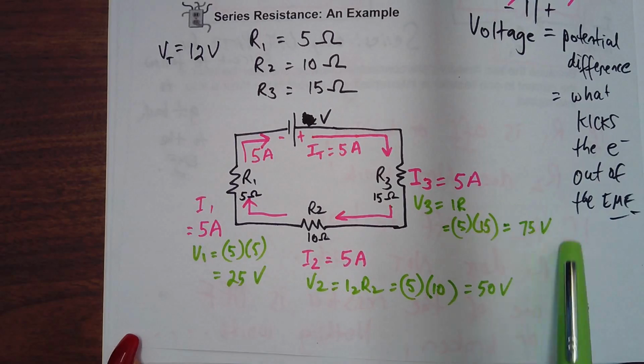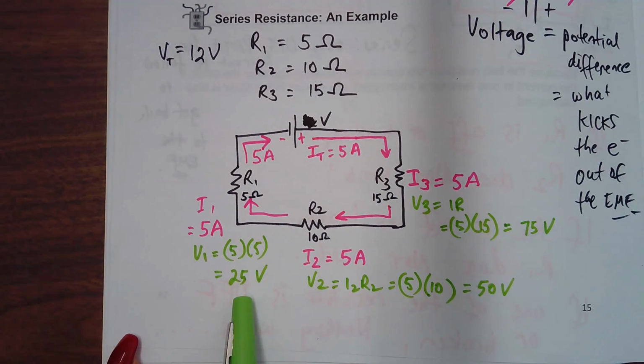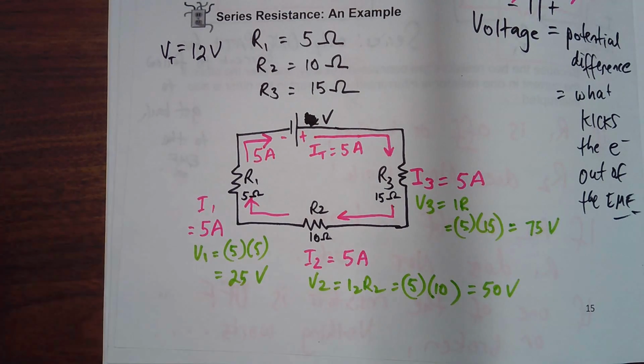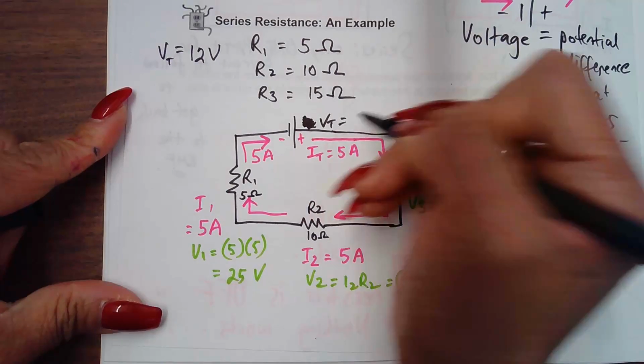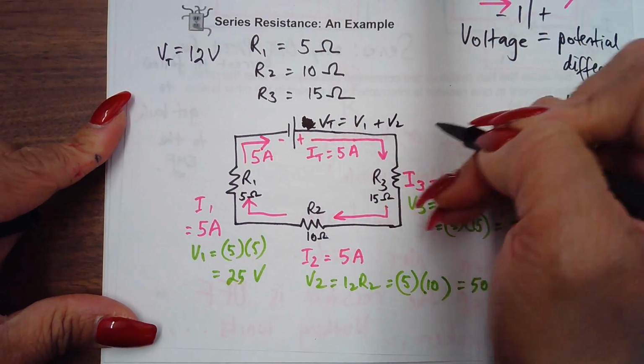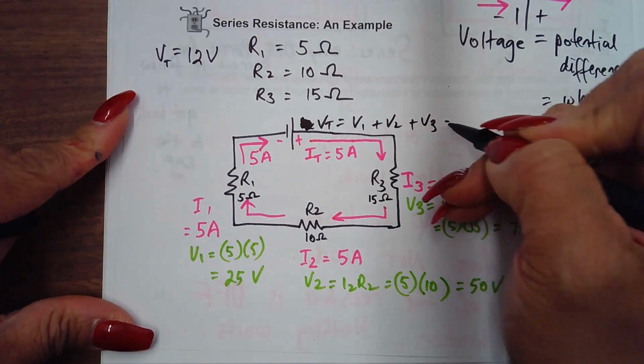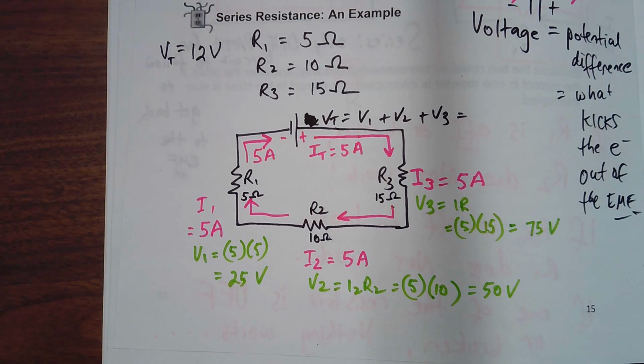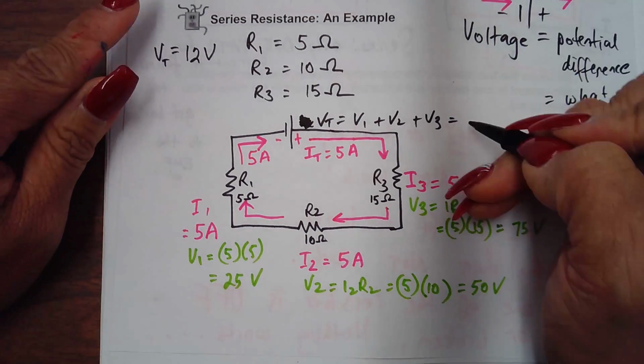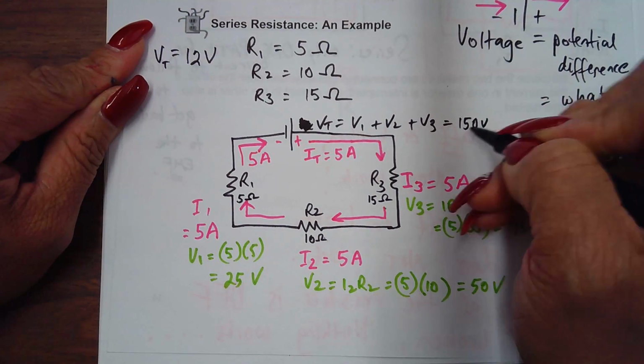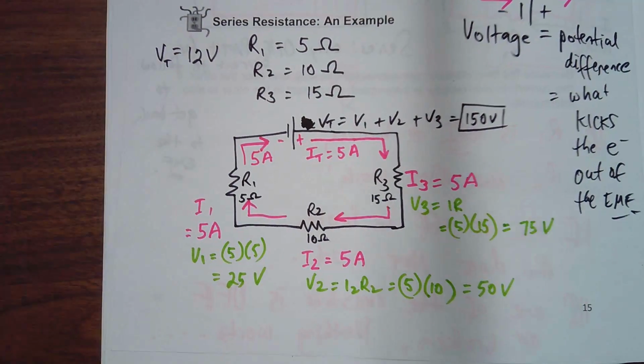It's going to be the sum of these individual ones. So the total voltage is equal to V1 plus V2 plus V3, which is 75 plus 25, which is 100, plus 50. It actually is going to have to kick it with 150 volts.